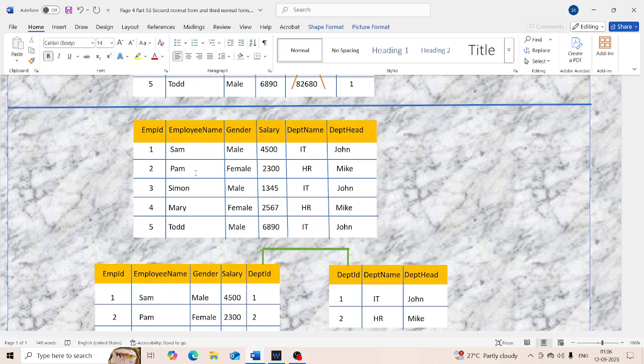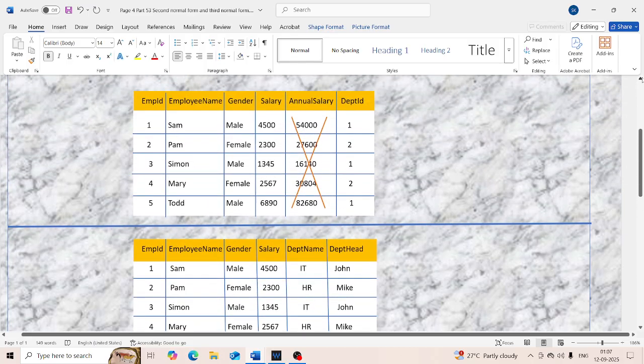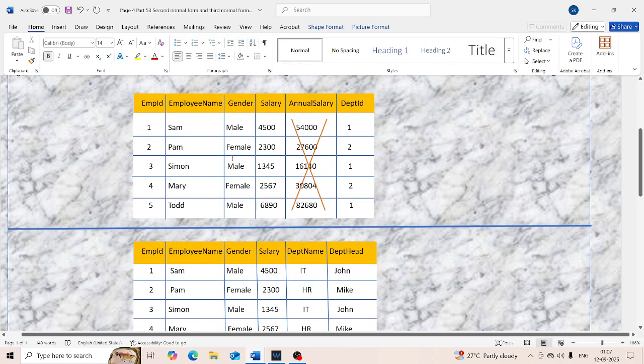So if you look at this second example, this table is not in third normal form.